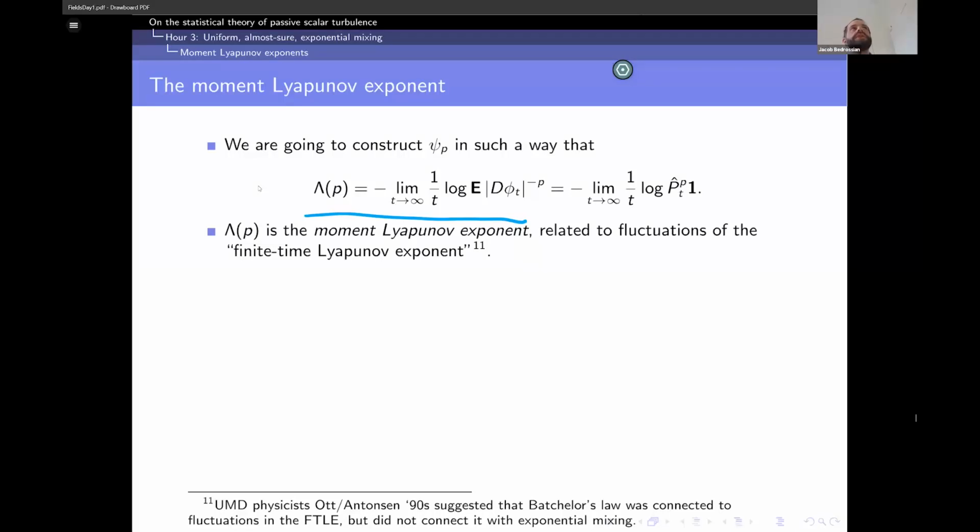And it's related to fluctuations. If you're measuring the Lyapunov exponent, the exponential growth of the flow map, it's going to fluctuate and do all these kinds of crazy things. It's not going to immediately equal the Lyapunov exponent. So you'll have fluctuations in that, and you want to know how quickly that converges. The finite time Lyapunov exponent converges to the eventual Lyapunov exponent that we proved existed.